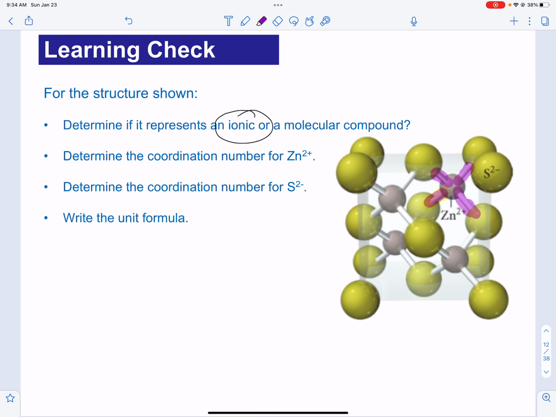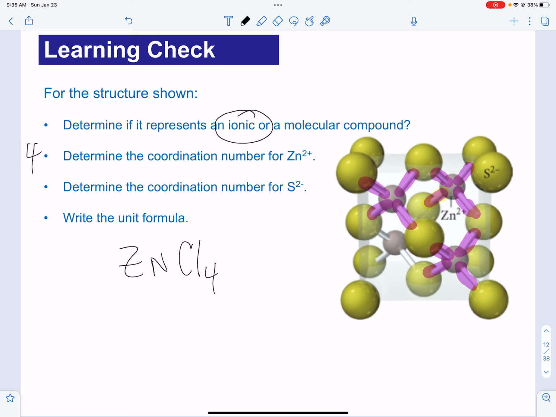So let's double check with another one. 1, 2, 3, and 4. Everywhere we look, we see the zinc connected to 4 chlorines. So the coordination number for zinc is 4. There are 4 chlorine atoms attached to the zinc. So the answer will be 4.